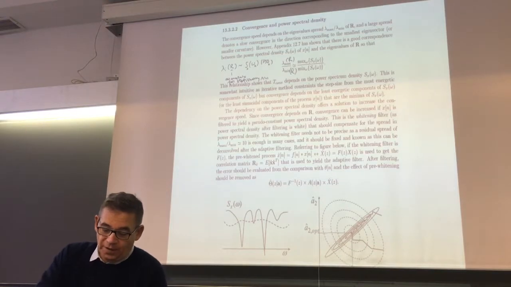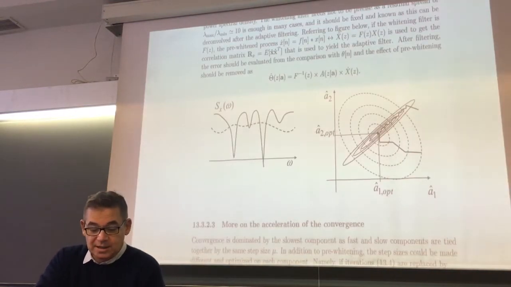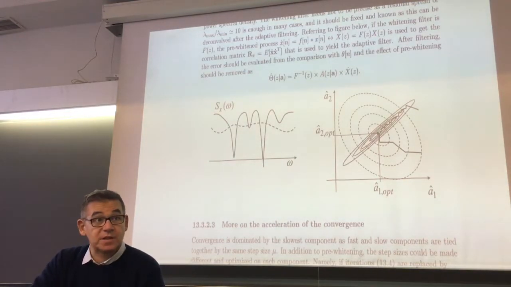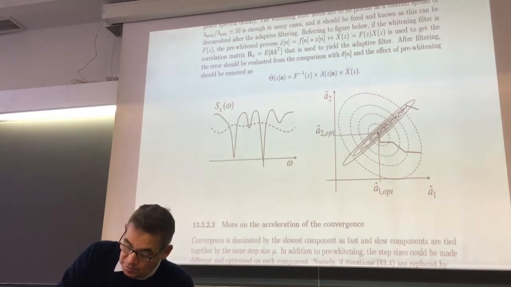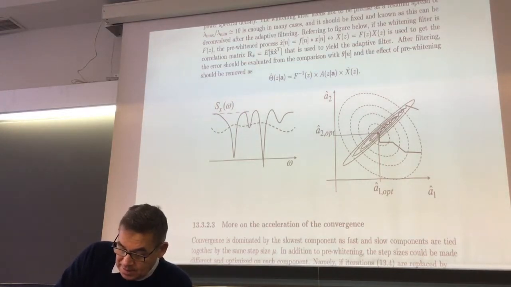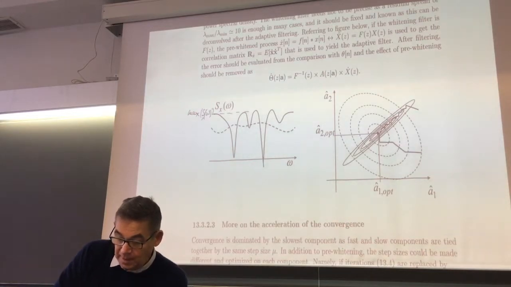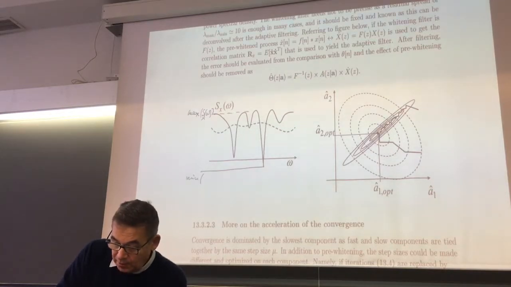So now, if I have a power spectral density, so look at this one. Imagine that this is the power spectral density, the one on the left. So if the one on the left is the power spectral density, now what matters to me is the ratio between the max of S(omega) and the min of S(omega).